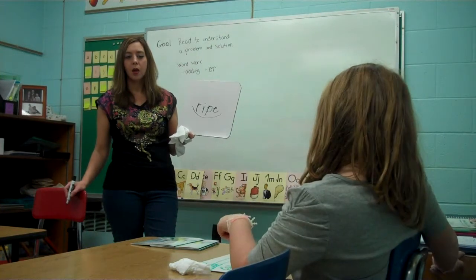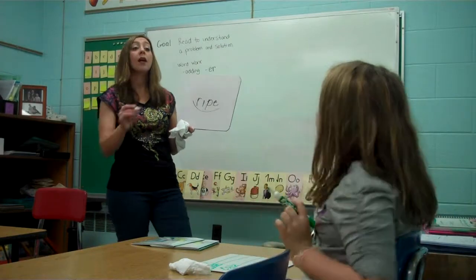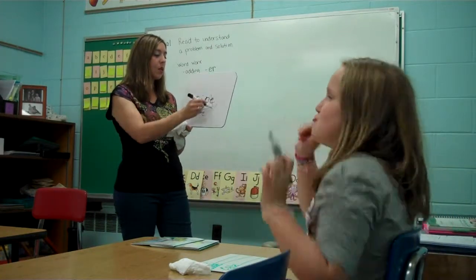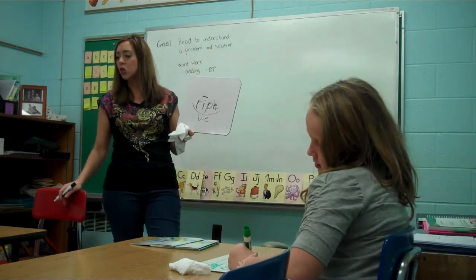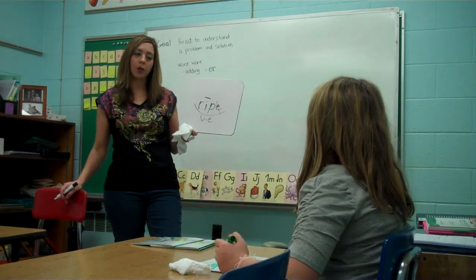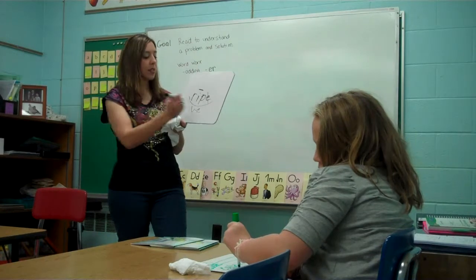I know you know this one. Leslie, do you remember what kind of syllable this is? Vowel consonant E. Very good. That means I don't hear the E and it makes a long vowel I. So we have ripe, but I want to say it's riper. E or just R? Brandon? Just add R.